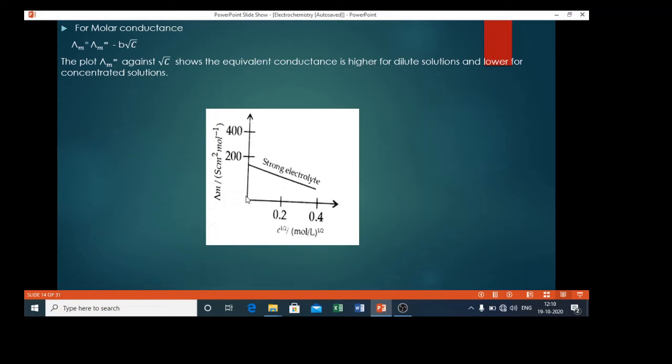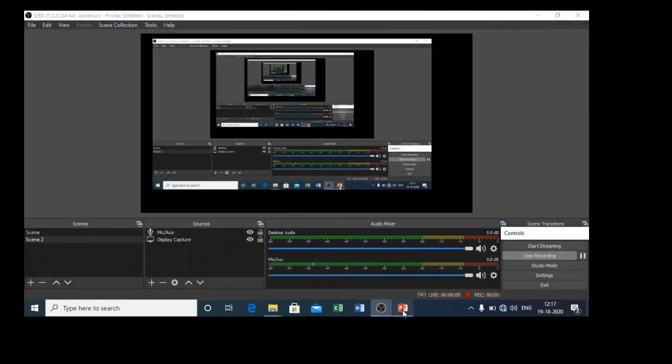At zero concentration, the value is highest, and this is called the limiting molar conductance or limiting equivalent conductance.